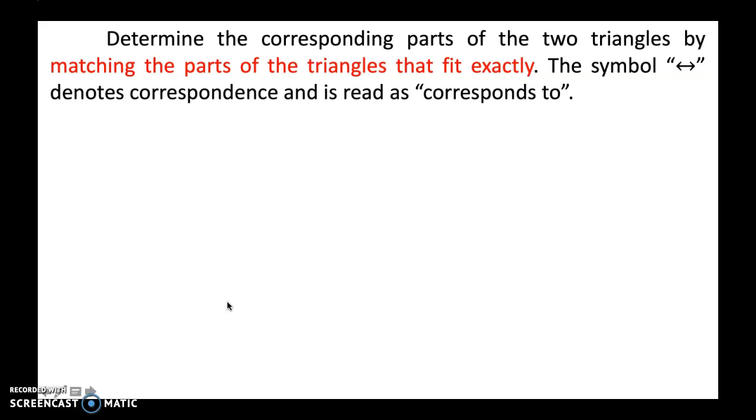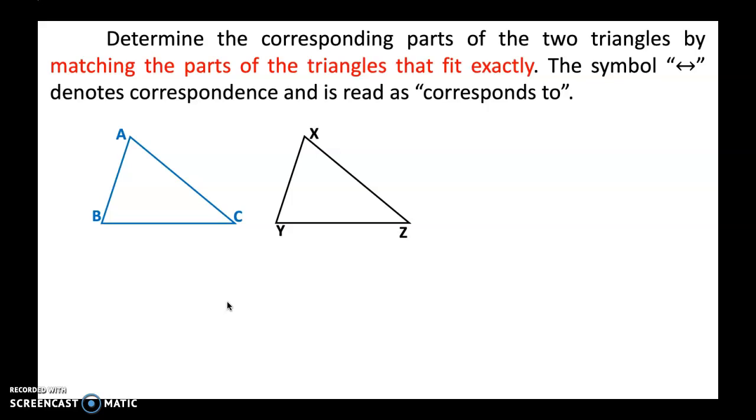So let's determine the corresponding parts of two triangles by matching the parts of the triangles that fit exactly. We can determine the corresponding parts of the two triangles by overlapping the two triangles and checking if the two triangles perfectly fit to each other.